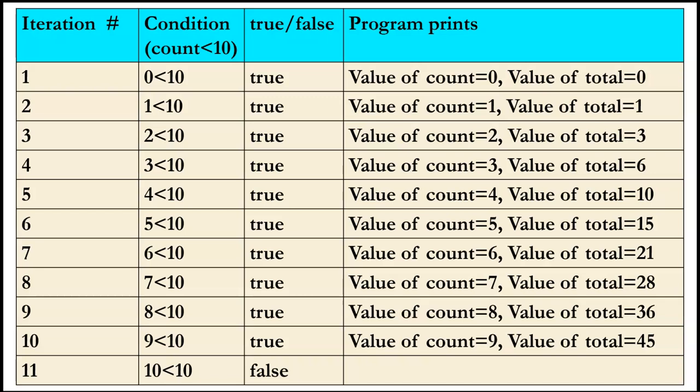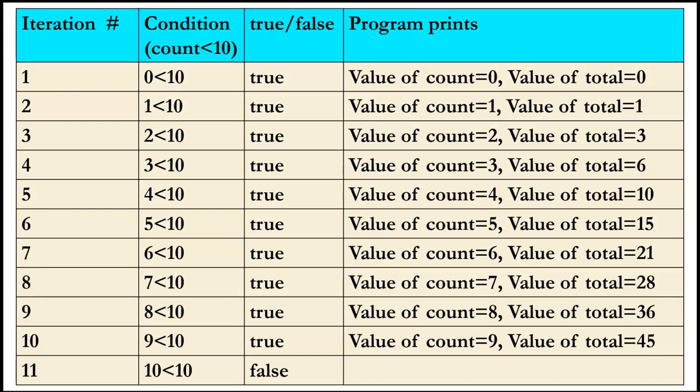And this goes on until the condition becomes 9 is less than 10, which evaluates to true, and the program prints value of count equal to 9 and value of total equal to 45.